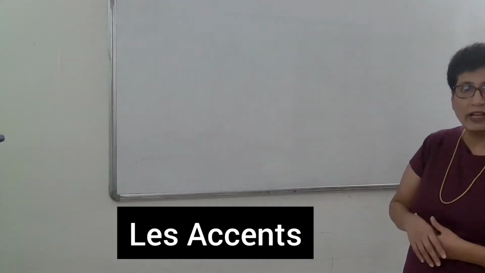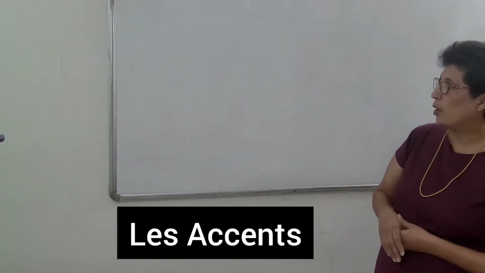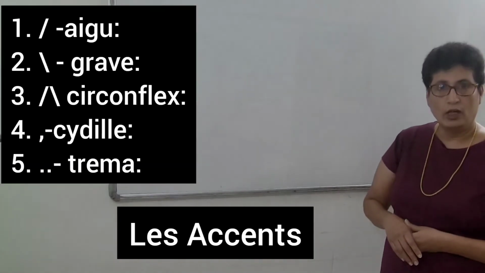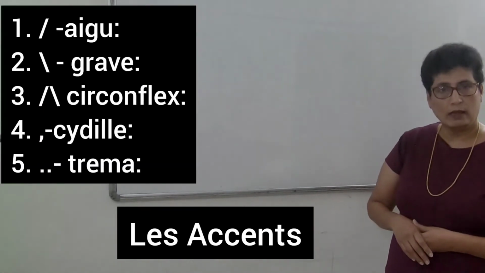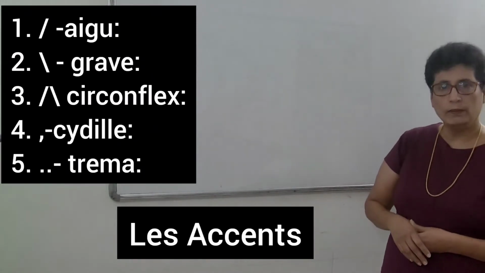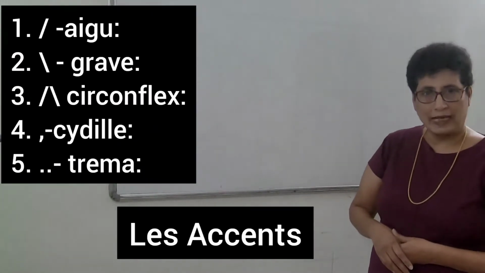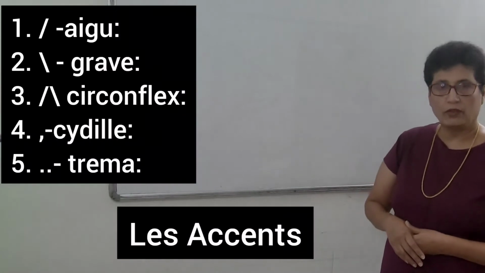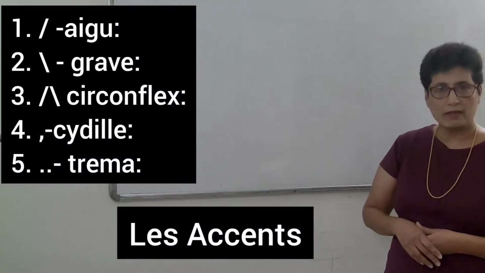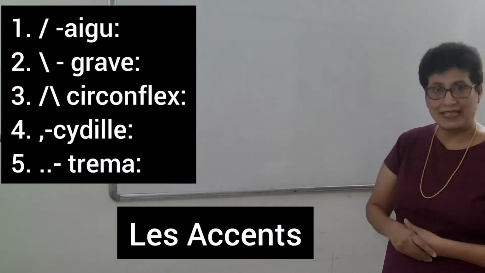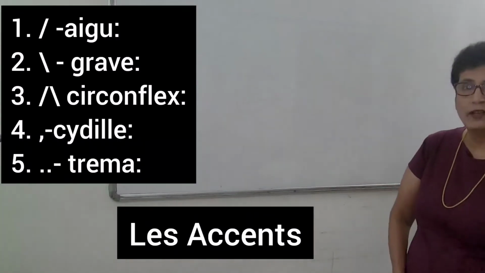And so you will find the 5 accents that are put up on the board. The first accent is the aigu, the second, the grave, the third, the circumflex, the fourth, the cédille, and the fifth, the tréma.